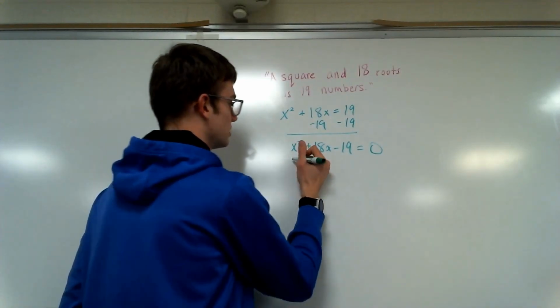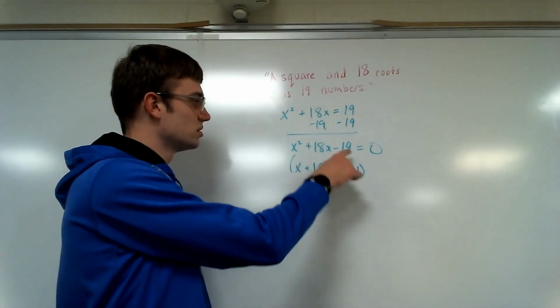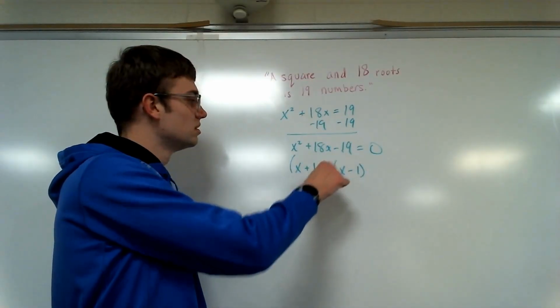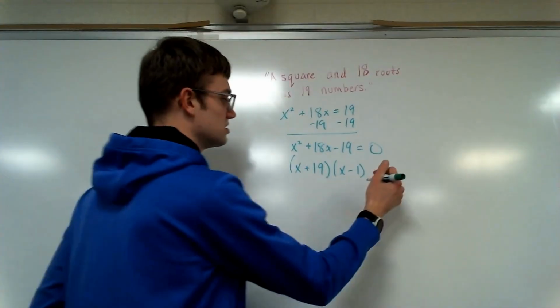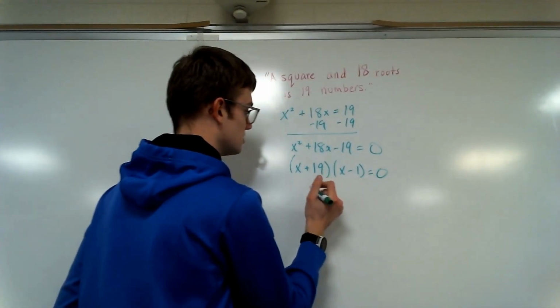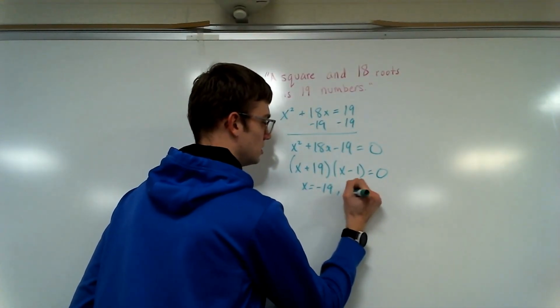So we can factor it like this. 19 times negative 1 equals negative 19, and 19 minus 1 equals positive 18. So we have a good factorization. This tells us that our solutions are x equals negative 19 and x equals 1.